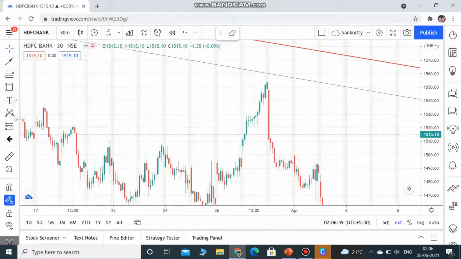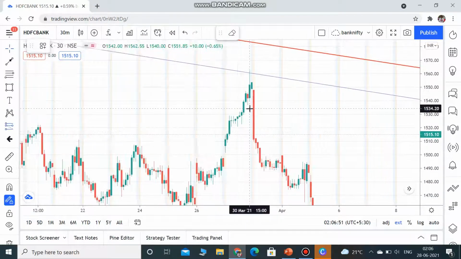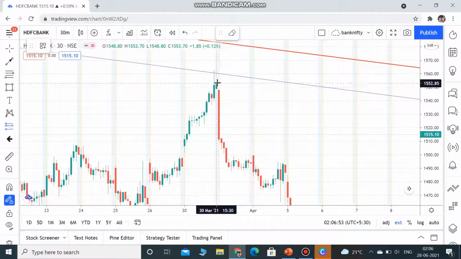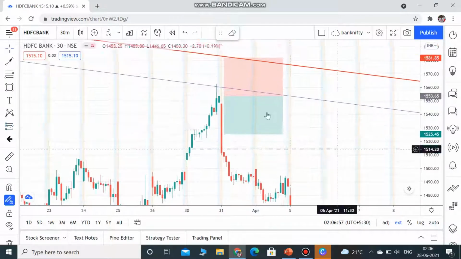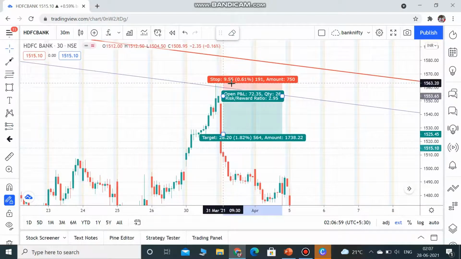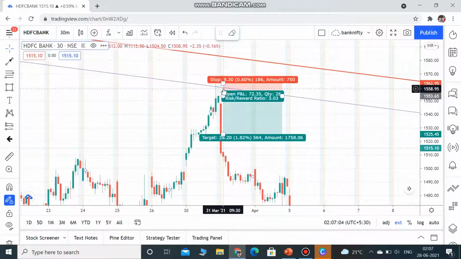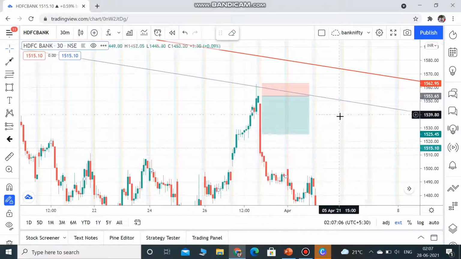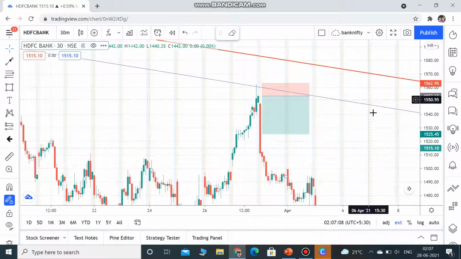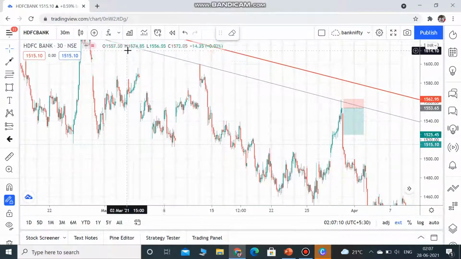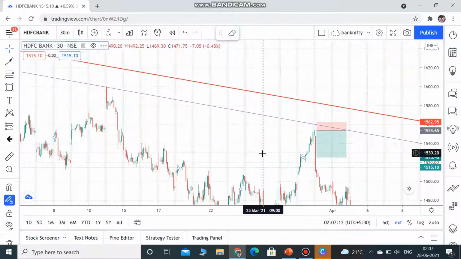It's the same with wick rejection too. Whenever you see a long wick rejection and a candle forming below it, you have to short from this, placing the stop loss above your long wick rejection and the trend line which you have drawn from A or B, right?